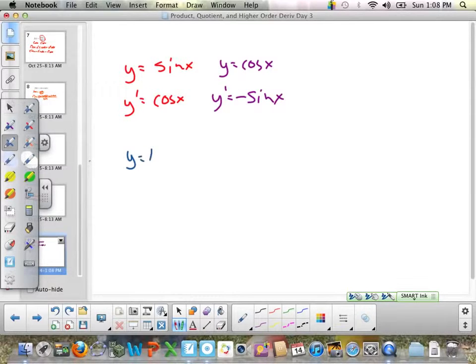For y equals the tangent of x, our derivative is secant squared of x. And for y equals cotangent, our derivative equals negative cosecant squared of x.